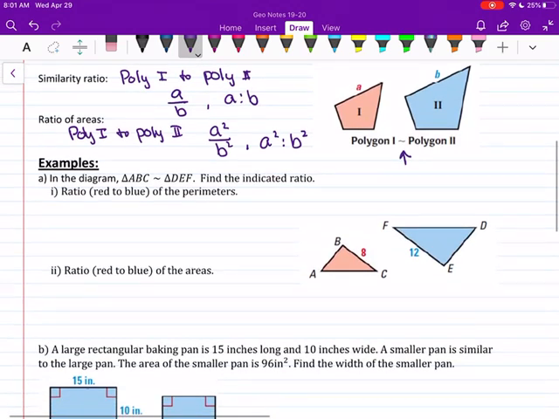All right, our first example says, in the diagram, triangle ABC is similar to triangle DEF. Find the indicated ratio. Part 1, the ratio of red to blue of the perimeters, and part 2, the ratio of red to blue of the areas. In our exploration, we found that the ratio of the perimeters is the same as the similarity ratio.